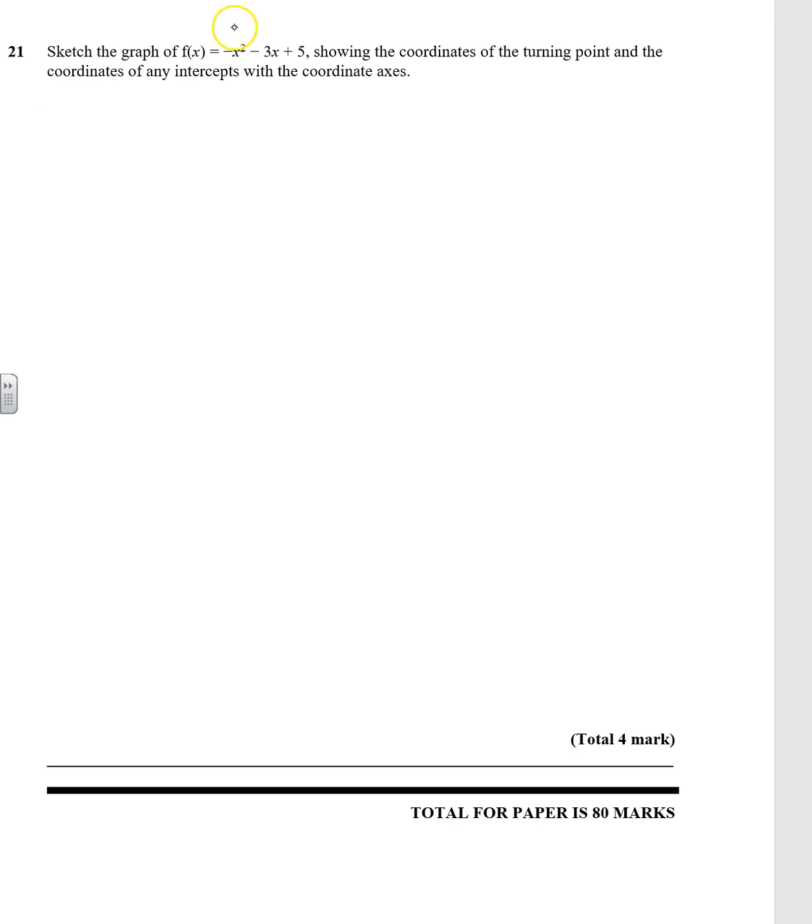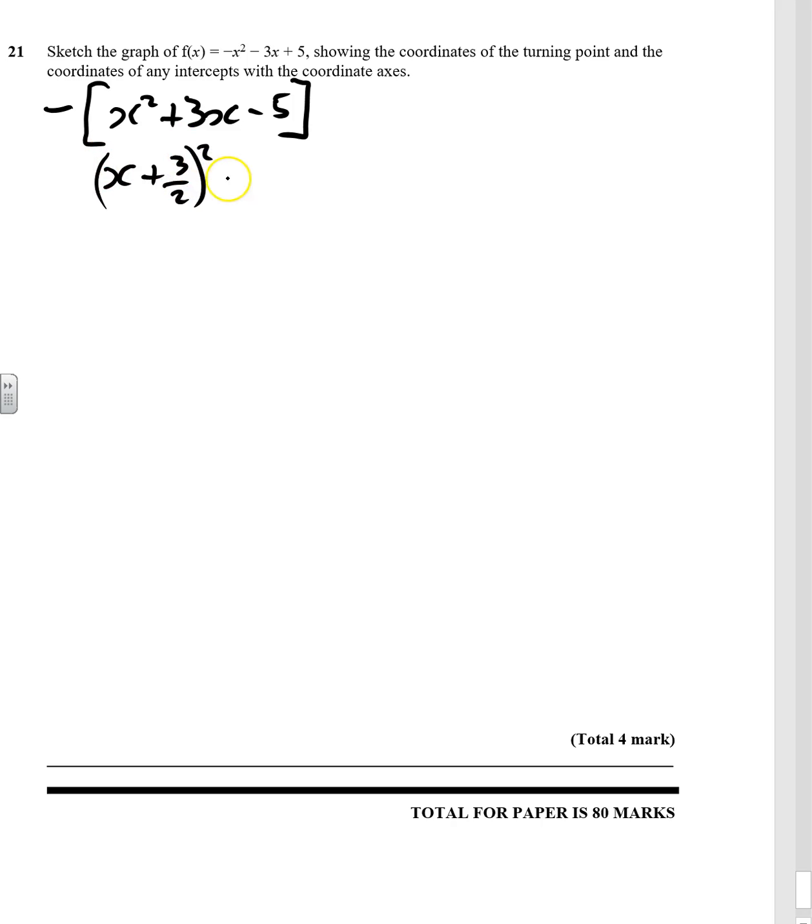Well, to complete the square, I'm going to take a factor of -1 out to make it positive. Now I'm going to complete the square. So I need to take away 3 over 2 squared, which is 9 over 4.